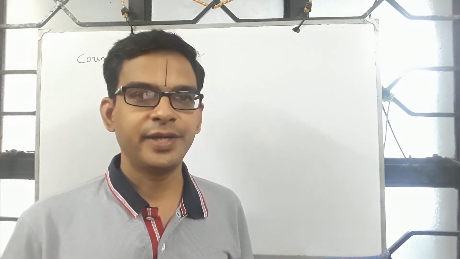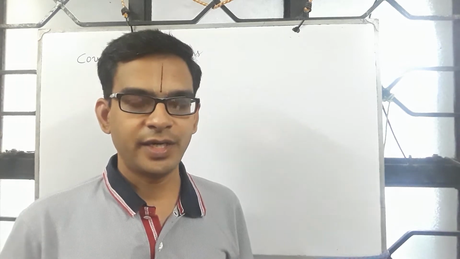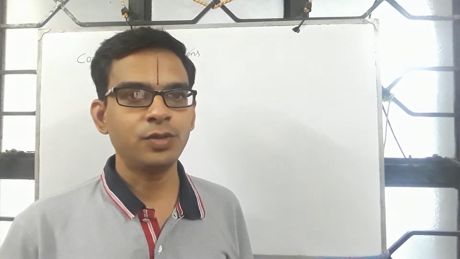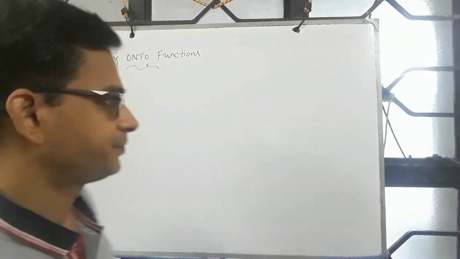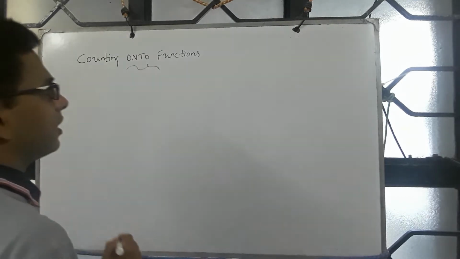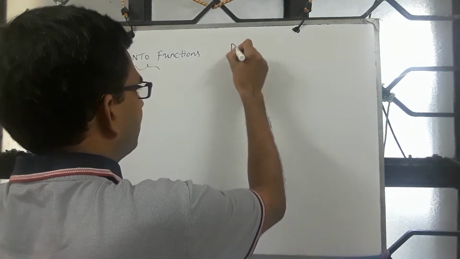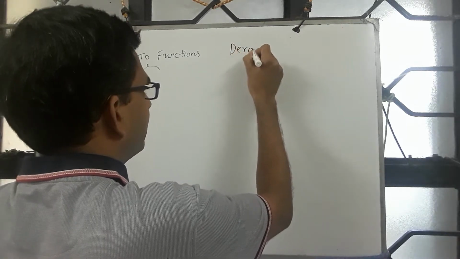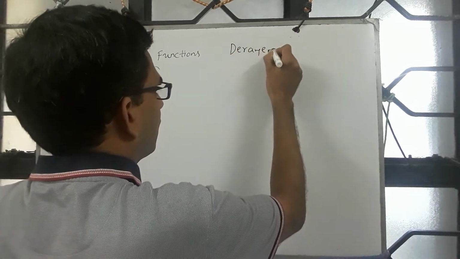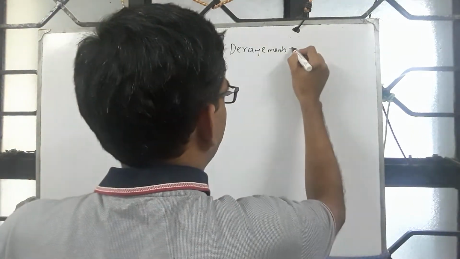Like this, there are many case studies, and one such thing related to our context is how to count the number of onto functions, which we shall see now. Very similar to the way we did derangements. So the general idea was you are interested in counting permutations satisfying some property.